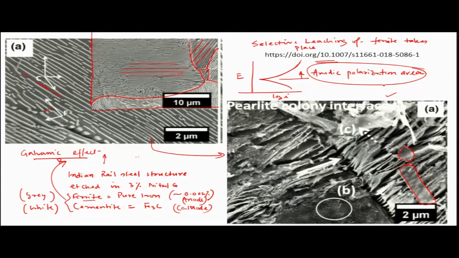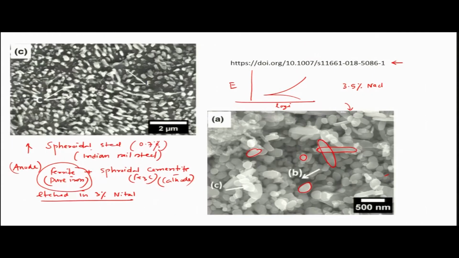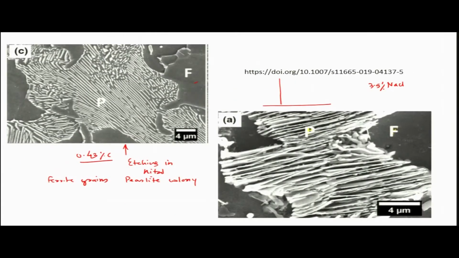Similarly, this is also done in 3.5% NaCl solution, and this is freely aerated, that means it is exposed to open atmosphere. Now, why I am showing this picture: this actually combines both the galvanic effect as well as dealloying. Let me discuss this particular picture.